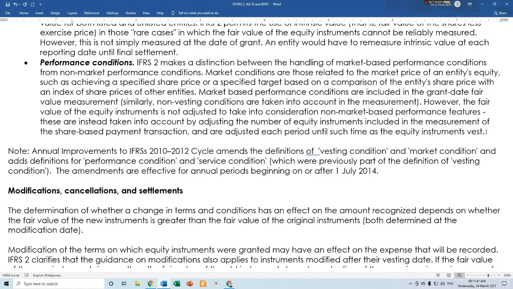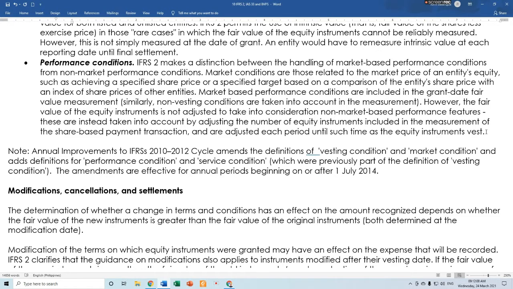So parang example, ang may encounter mong ganyan sa problem is ganito. Sasabihin, parang ganito siya. If the company share price is between 10 pesos to 15 pesos at the end of the vesting period, the fair value of the options will be 10 pesos.